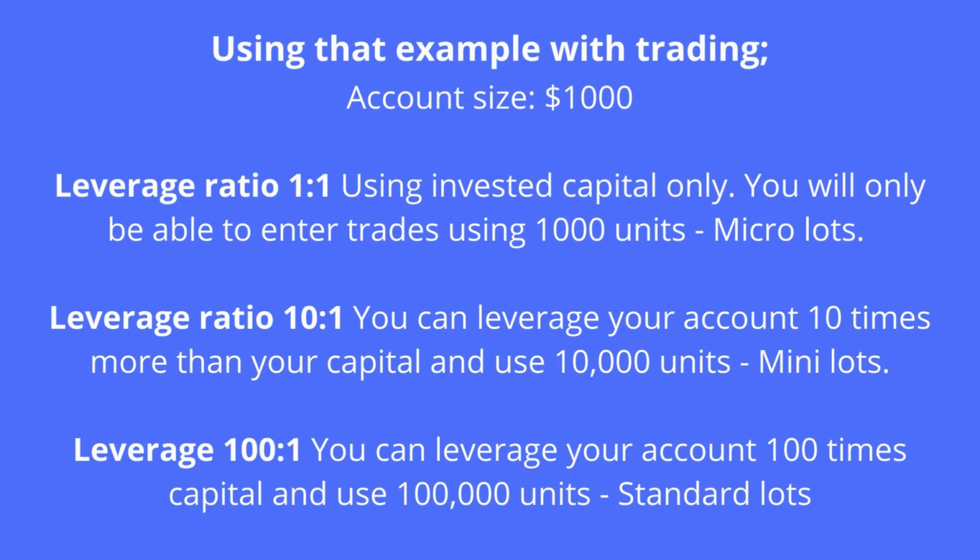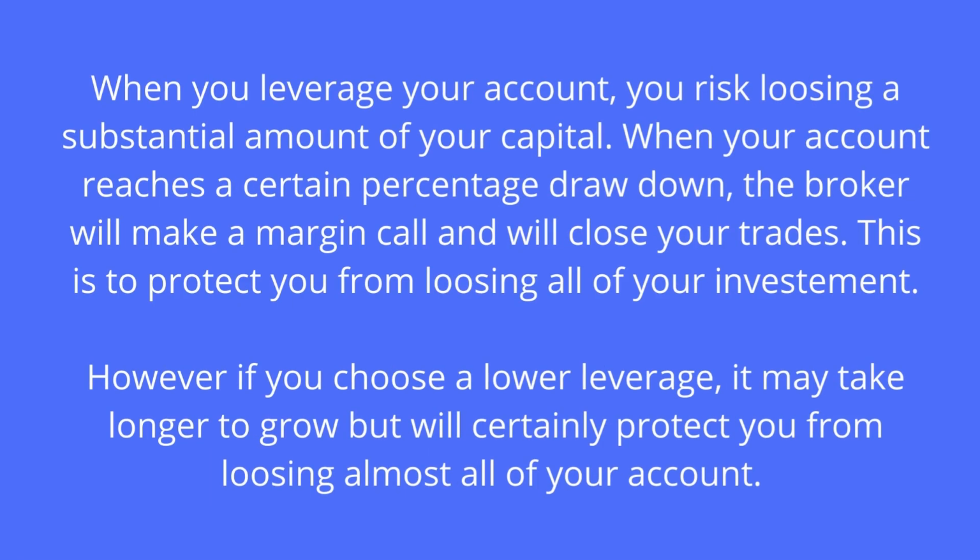We know that the pip value for that is $10 per pip. So 10 pips times $10 is $100. So each ratio made 10 pips, but the amount you make is bigger because of your lot size. And your lot size is bigger because of your ability to leverage.